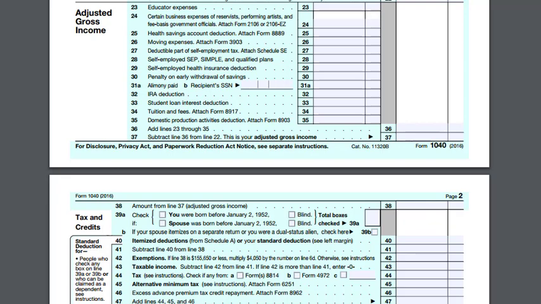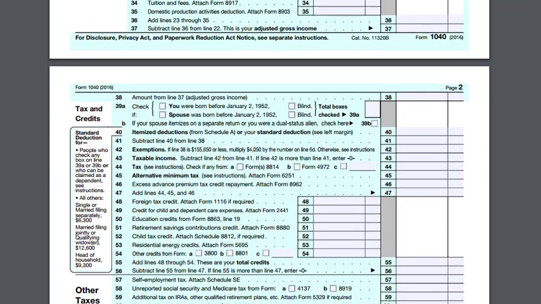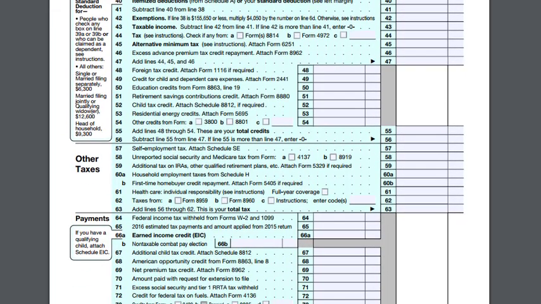Then you reduce your income by additional deductions, including the itemized deduction and other types of credits. Also, notice here on line 57, if you have self-employment tax, this is where you would put the amount of tax that you owe.